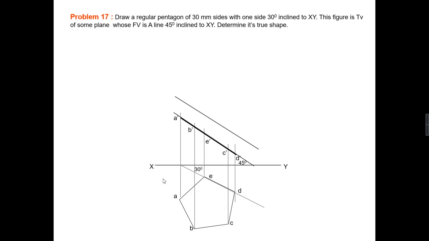So I will measure all the distances of the points from the XY line, and I will draw a vertical line from all these points A, B, C, D, and E, and I will mark the distances from the XY line on those vertical lines. Because the distance from the vertical plane will not change if it is parallel or inclined to the horizontal plane.